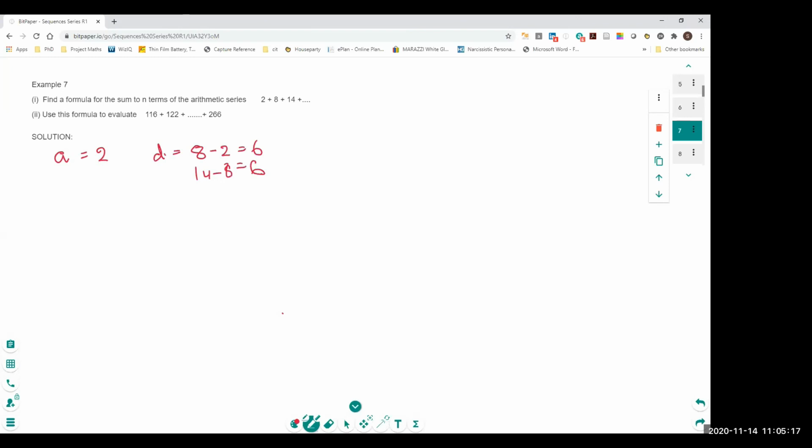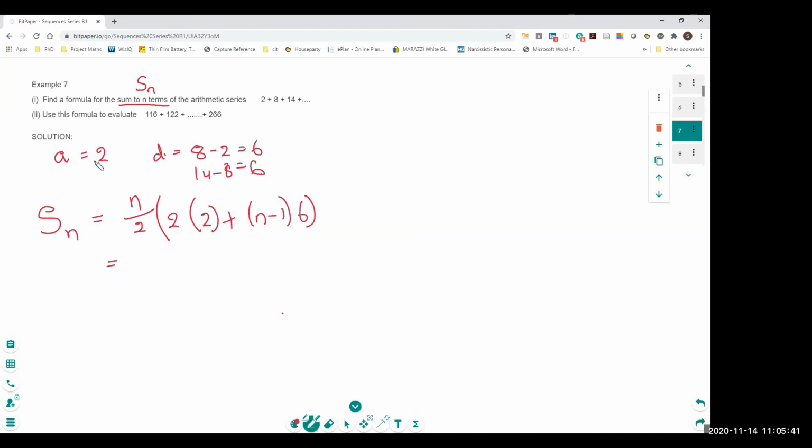So then for our formula, we're asked to find the sum to n terms. That means S of n. So for S of n, we refer to our tables, and we have n over 2 times (2 times 2 plus (n minus 1) times 6).